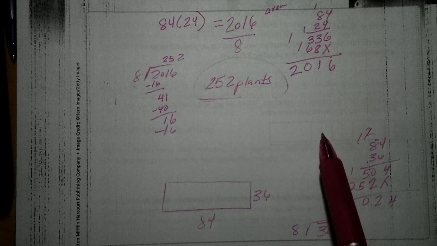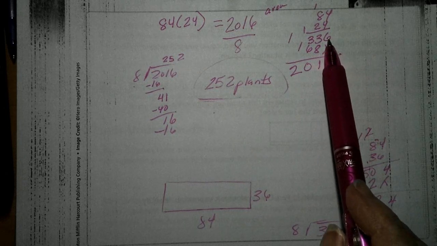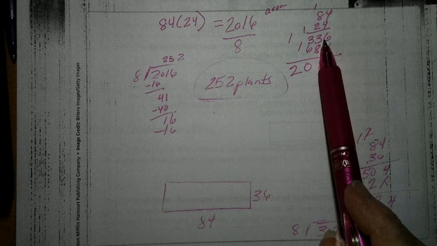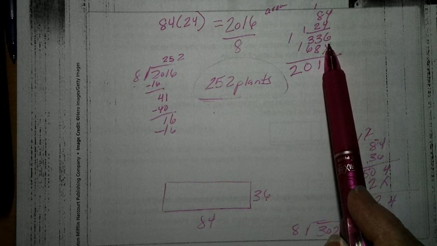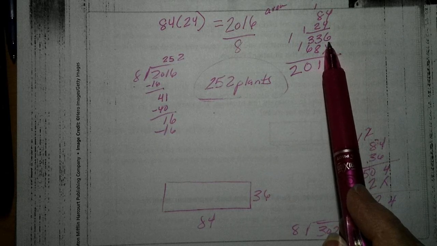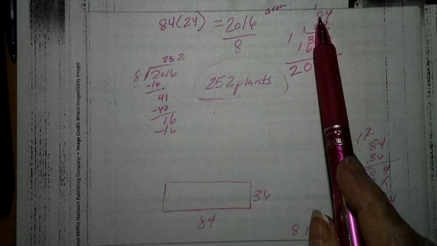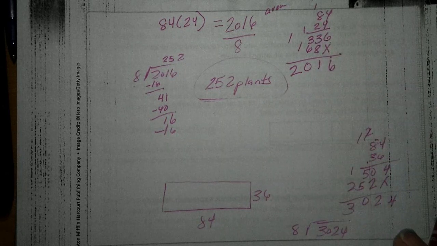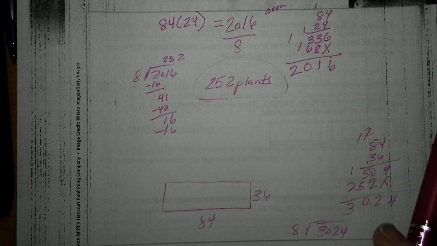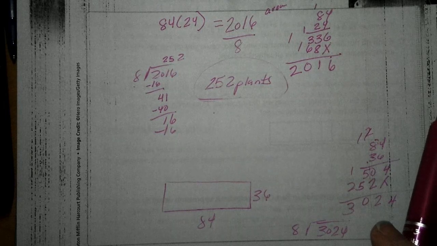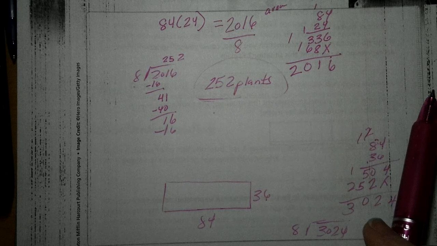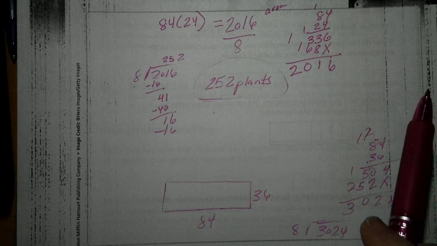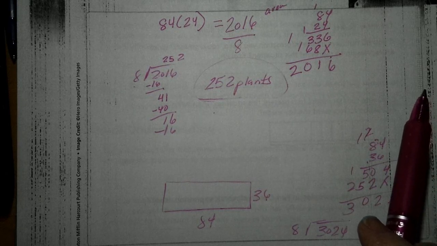So 4 times 8 equals 38. Wait, 4 times 8 is not 38. Wait. Let me think. 4 times 8 is 32. Yeah, that's what I said. You forgot to add 20 to 30.